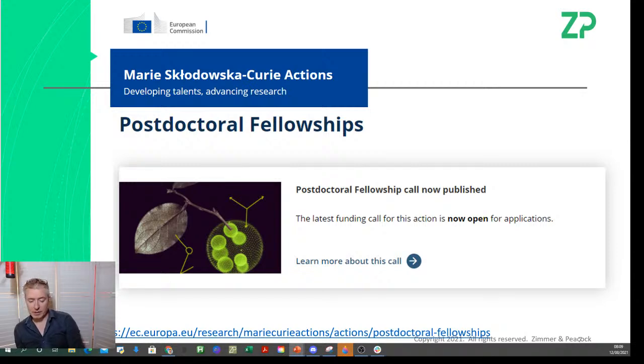So if you want to get into Zimmer Peacock and you're more senior, you can apply for that postdoc at USN, or you can also do the Marie Curie fellowship, and we have given support to people who want to join Zimmer Peacock with their Marie Curie applications. So Marie Curie is also a way of postdocing.